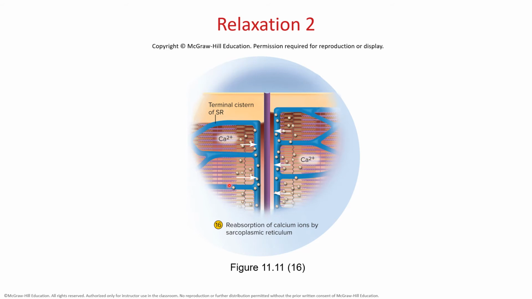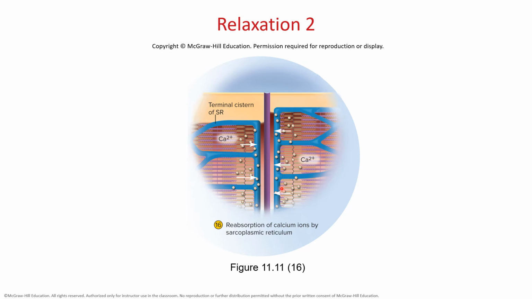We're also going to have reabsorption of calcium ions by that sarcoplasmic reticulum. The sarcoplasmic reticulum is simultaneously releasing and reabsorbing calcium. But when that nerve fiber stops firing, calcium release also ceases, and only its reabsorption is going to continue.